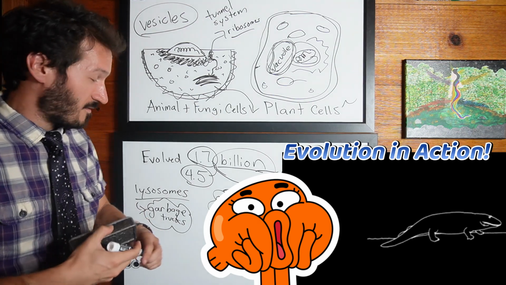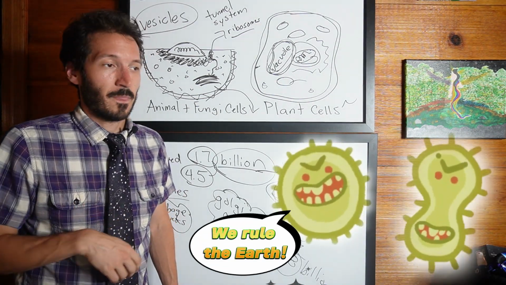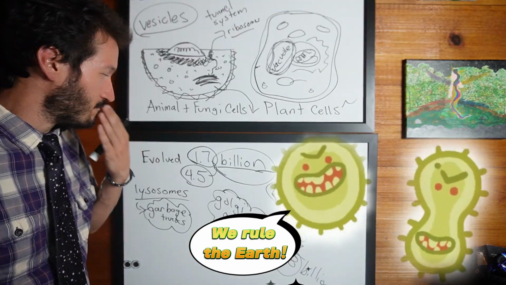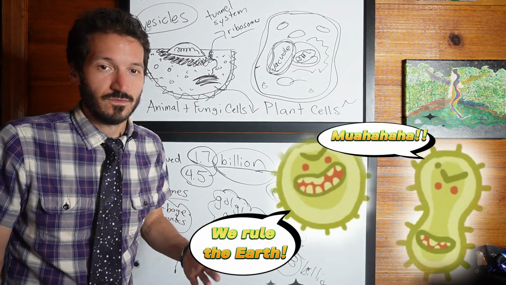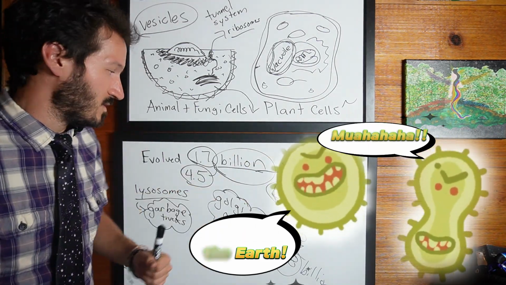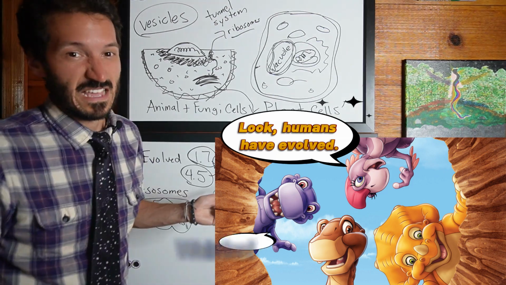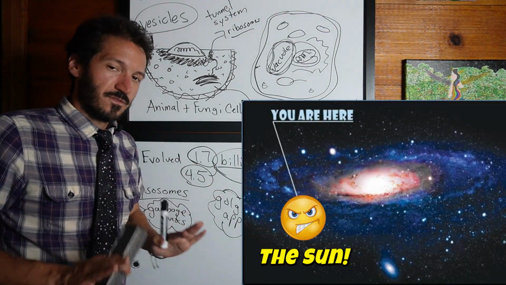It took life that long. It was just one-celled bacteria and archaea floating around for a very, very long time in Earth's history. So eukaryotes are fairly new, at least on the scale of the universe. But it's new, but it ain't that new. 1.7 billion years ago, a rough estimate of the first eukaryotes.